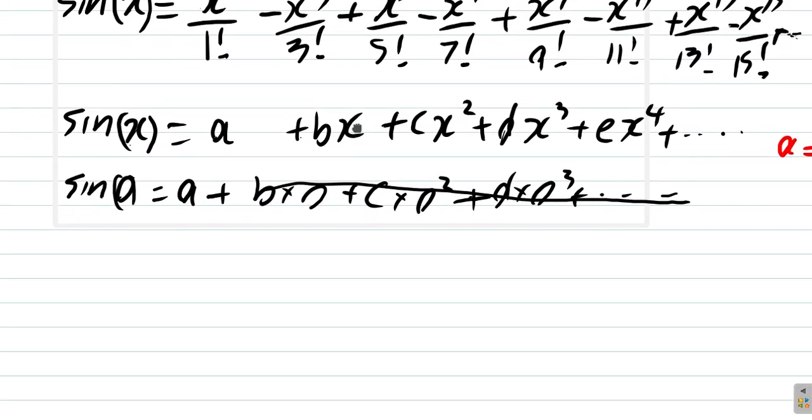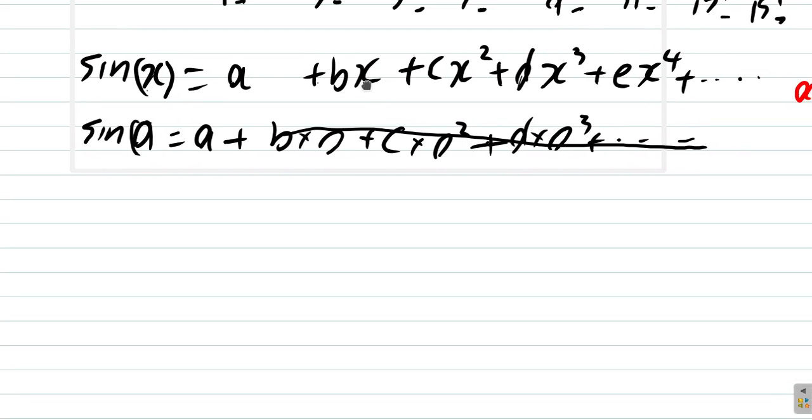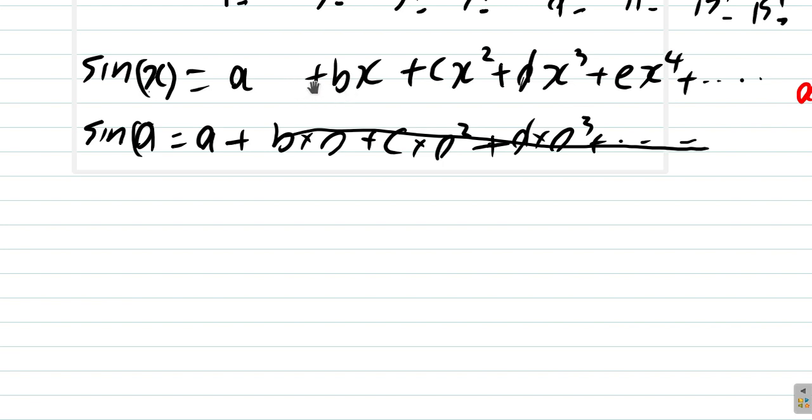Now, how do we find b? Now, here, notice, if we differentiate all of this, this would be 0 because it's a constant. And when you differentiate a constant, you get 0.